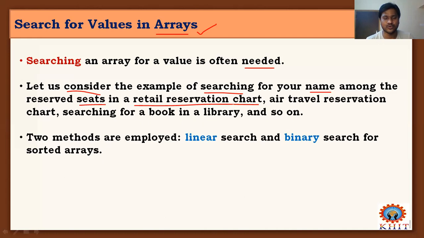When we go to the coach, there is a list of reserved seats available, and we search for our name in the chart list. Also in an air travel reservation chart, this is one of the real-time applications of searching for an entry in a given list of elements.